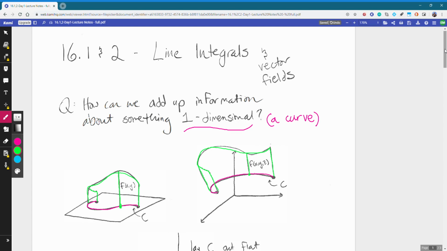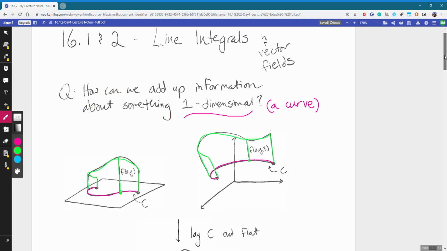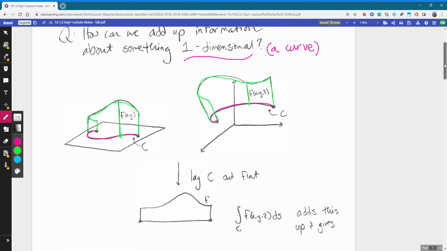And what we'd like to do, geometrically, adding up this information means getting a hold of the area of this ribbon. And how this actually plays out is we want to take the ribbon in either one of these situations and lay it out flat, so that our curve C actually looks like an interval.